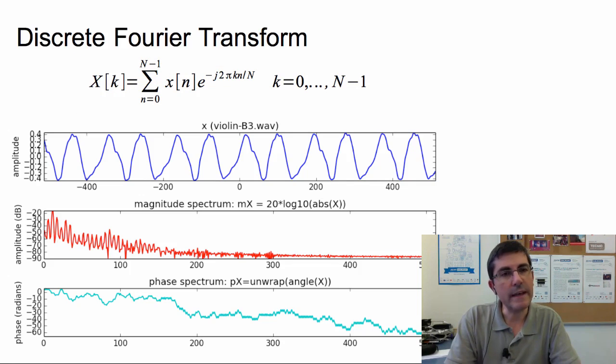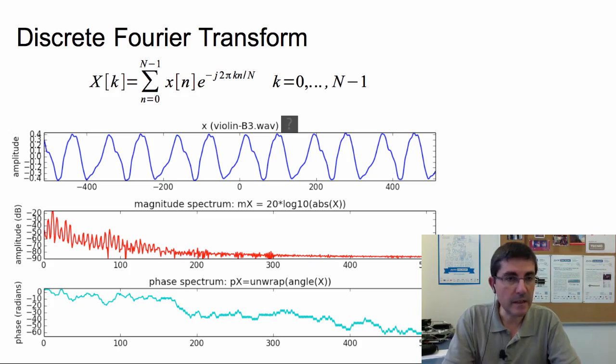If we show an example, this violin sound, we are taking a fragment of this sound. Okay, so we're taking capital N samples of this violin sound, and we are projecting it into these complex sinusoids that we are generating, and the result is this spectrum expressed in polar coordinates.